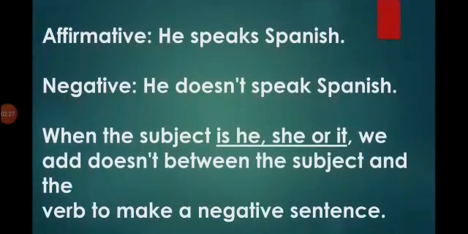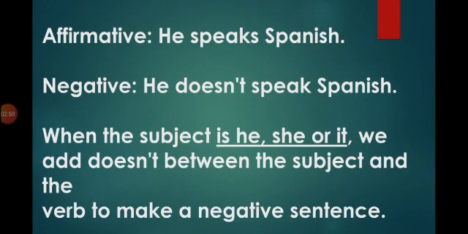And in the affirmative, he speaks Spanish. When I want to make it negative, it becomes he doesn't speak Spanish. So when the subject is he, she, or it, or a singular noun, we add doesn't between the subject and the verb to make it a negative sentence.